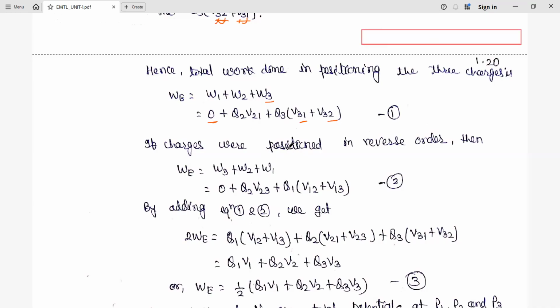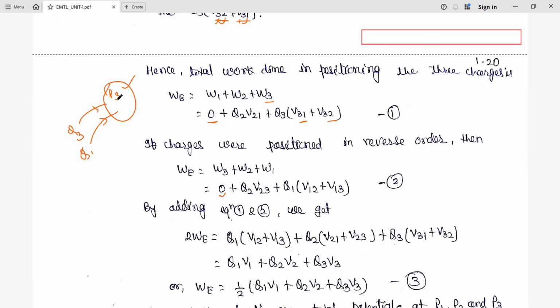Now, if you want to reverse the situation, we'll try to bring the charge Q3 first to the particular position, point P3. Since nothing is available in this volume, Q3 will not face any resistance here, so the work done is going to be 0. Now charge Q2 we try to bring here.